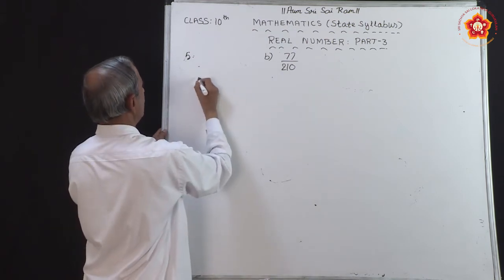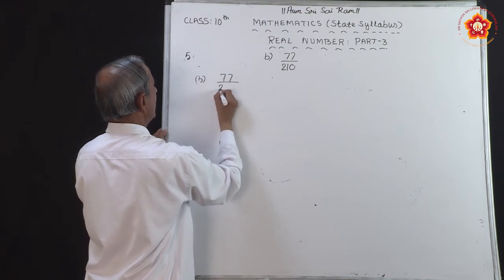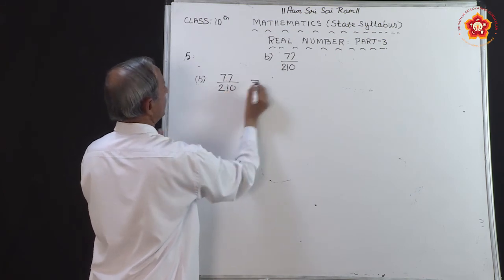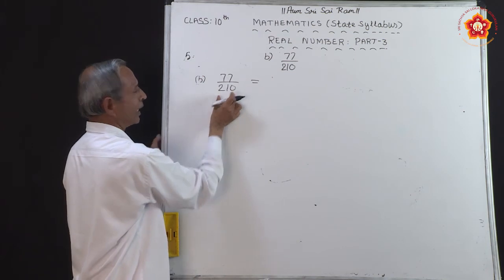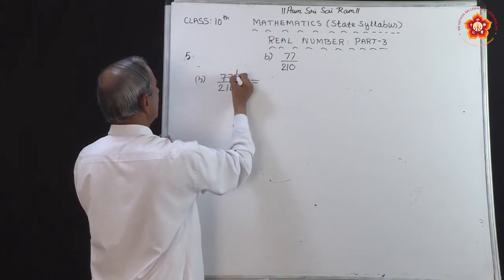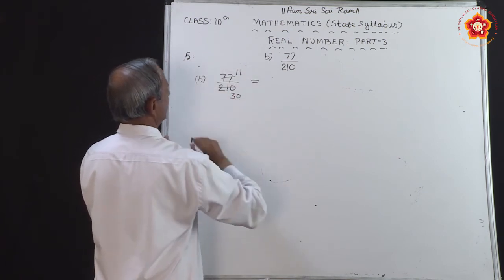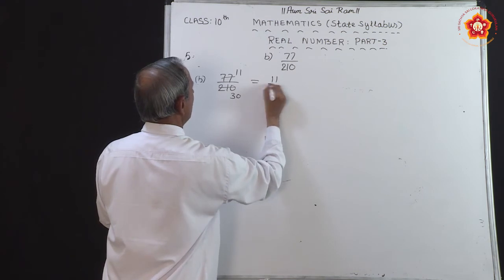Now here the given problem can be simplified further, 77 upon 210. Now 77 and 210 can be divided by 7. I will divide by 7 now. 7 1 is 7, 7 1 is 7, 7 3 is 21, 30. Now it can be written as 11 upon 30.